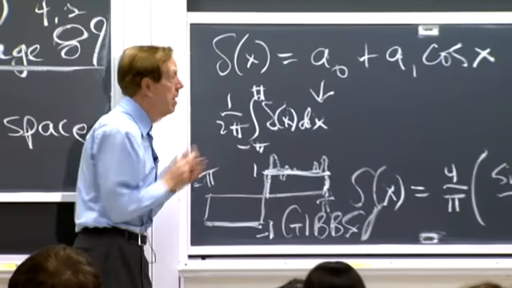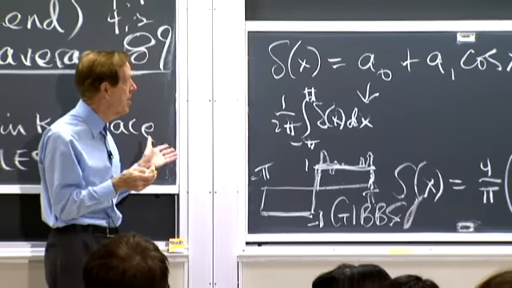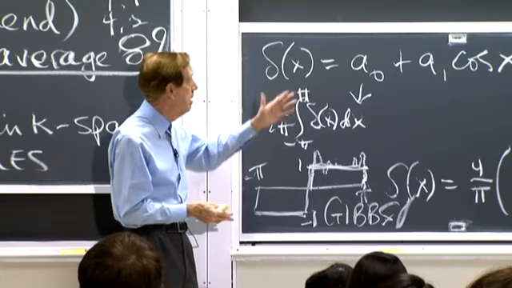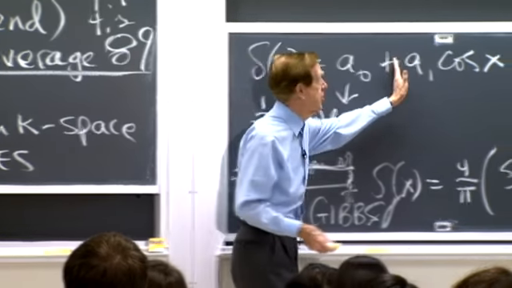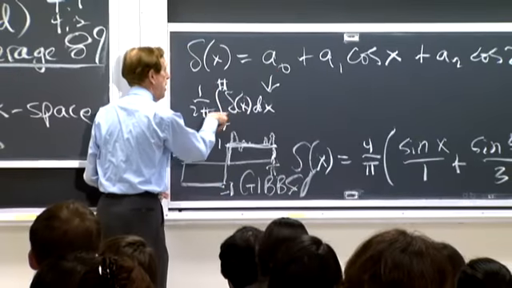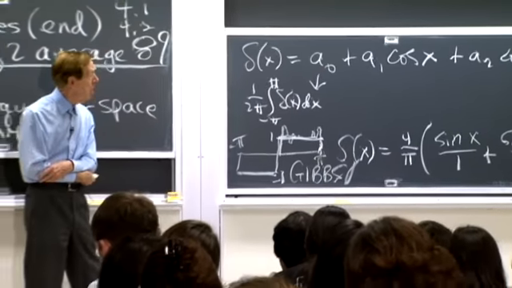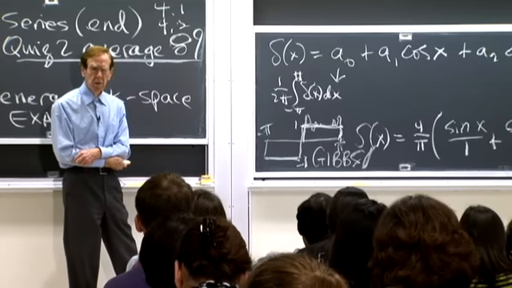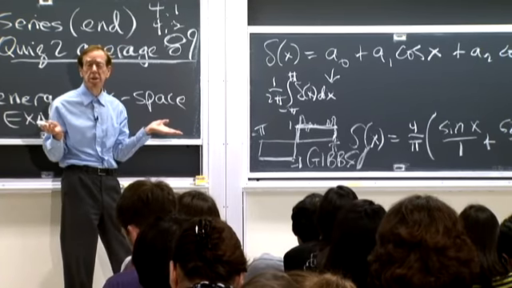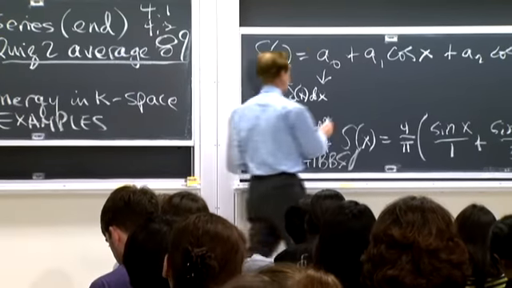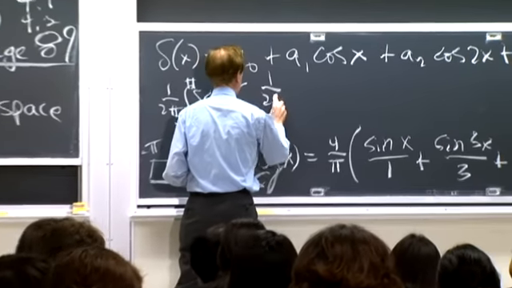I just multiplied both sides by 1 over 2 pi and integrated. And all those terms disappeared, and I was left with A naught. And what's the answer? Everybody knows that integral. The integral of the delta function is 1. So I just get 1 over 2 pi.